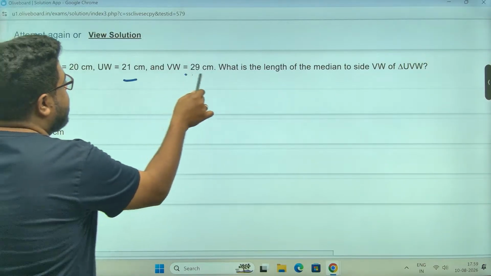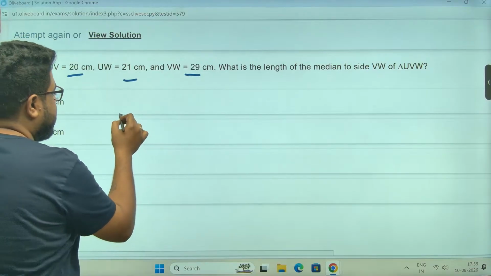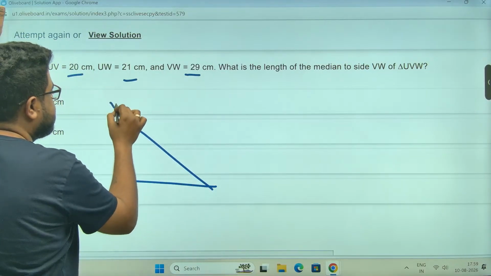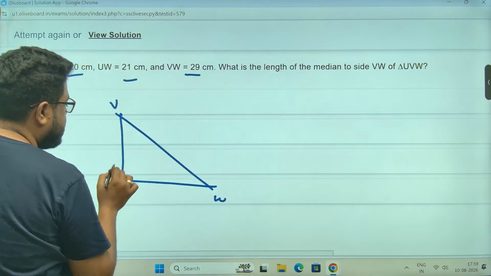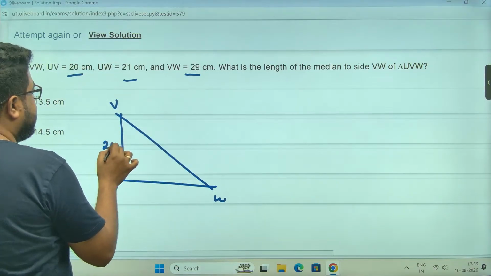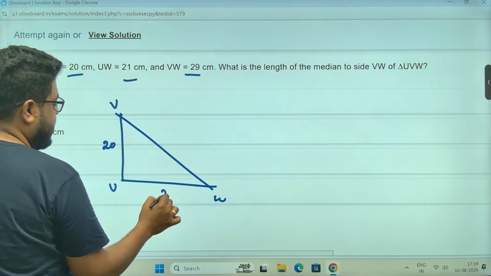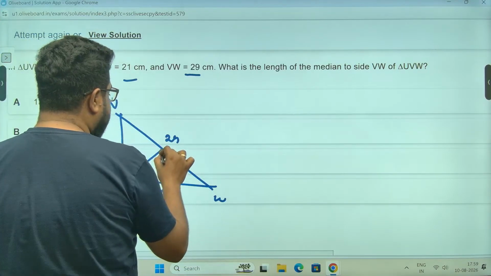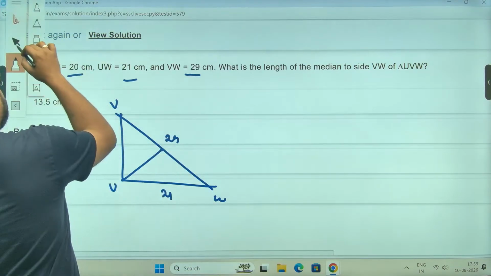UVW: 20, 21, 29. So it's a Pythagorean triplet. This is a right angle triangle. This is V, this is W, this is U. So UV is 20, UW is 21 and VW is 29. Length of median: there is a very interesting thing.